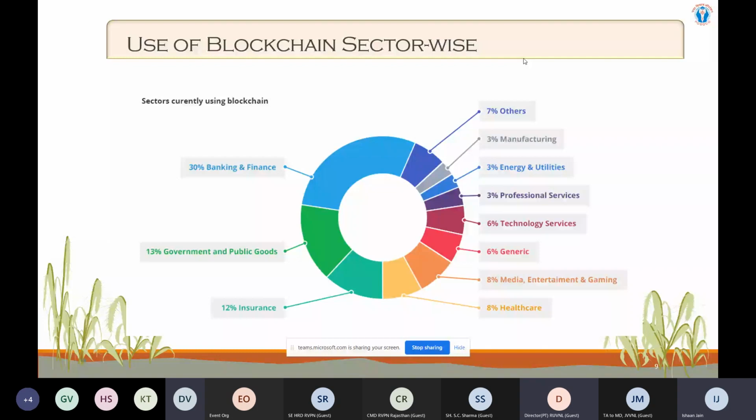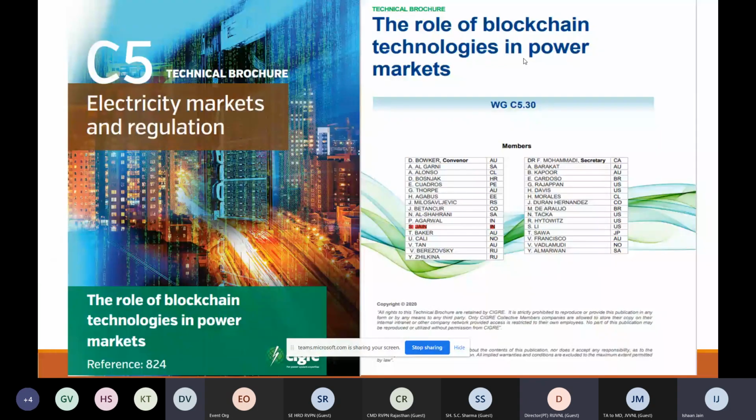This is the technical brochure which we have prepared recently. You can see in CIGRE C5, the role of blockchain technology in power markets. Many members from different countries like Australia, South Africa, Germany, US, Japan, China, and Russia also, have studied this.